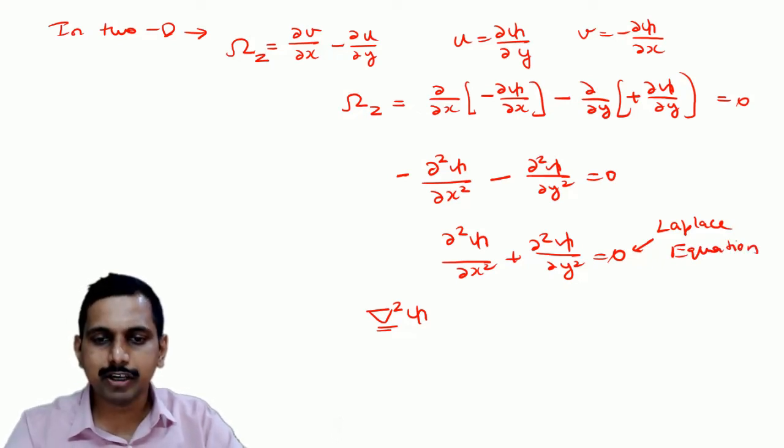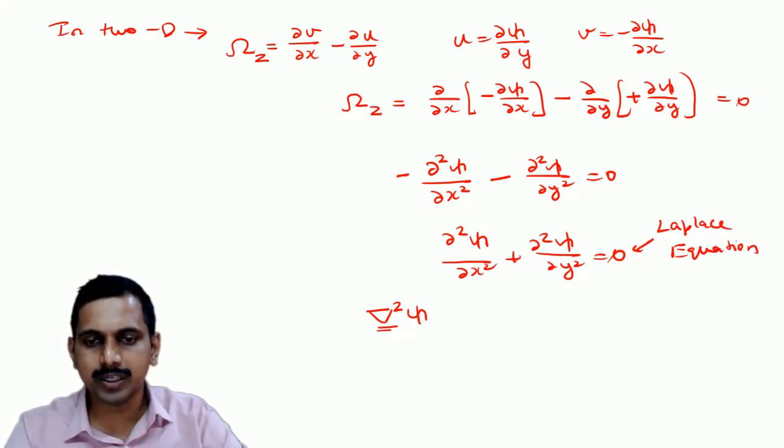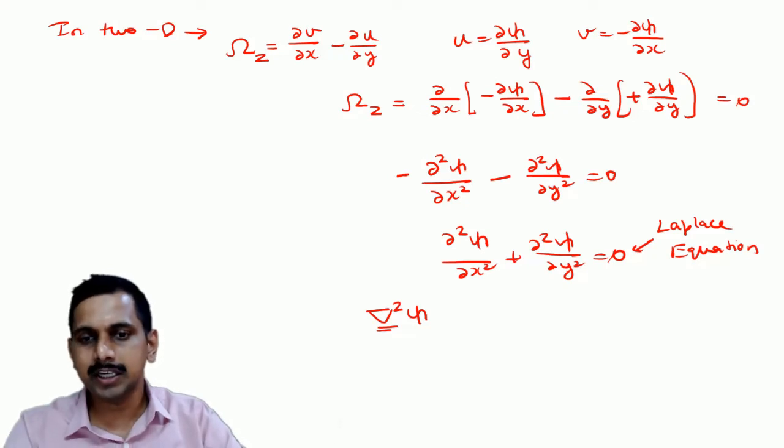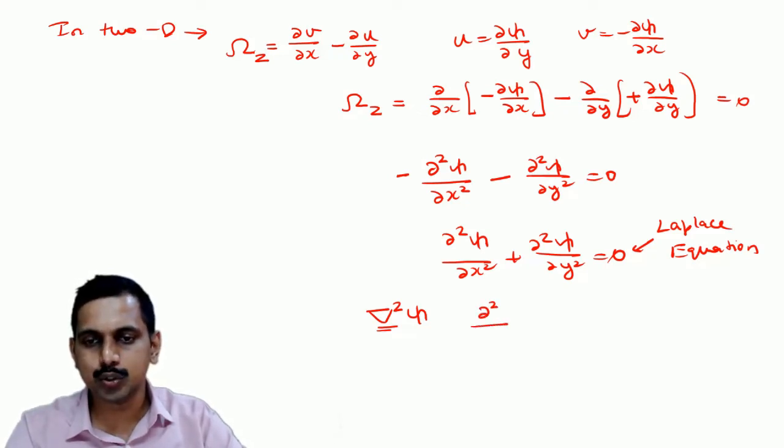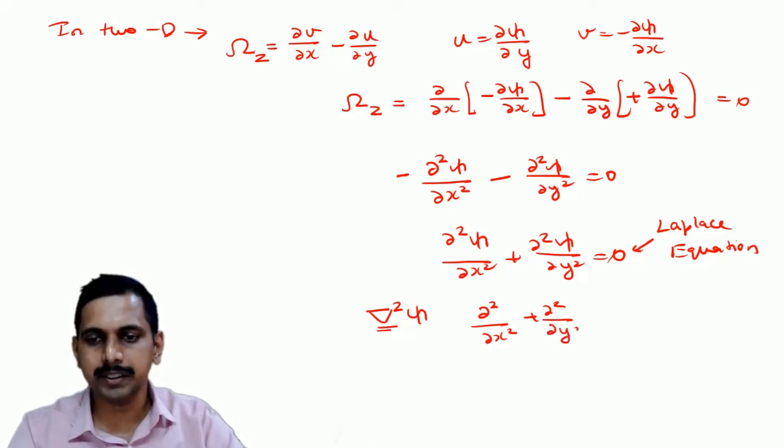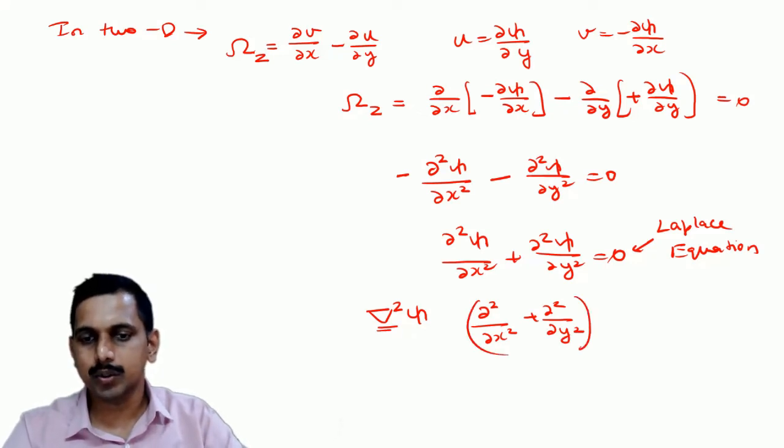Now this is an operator. What is del square in two dimensions? In two dimensions, del square is ∂²/∂x² plus ∂²/∂y². When I say ∂, it means partial. How does that come?